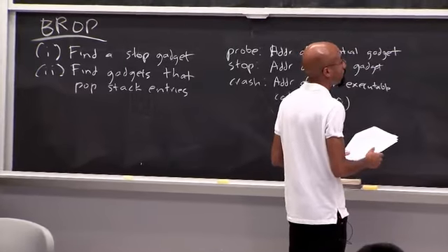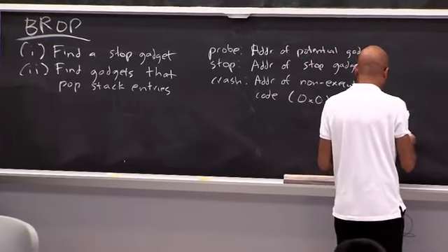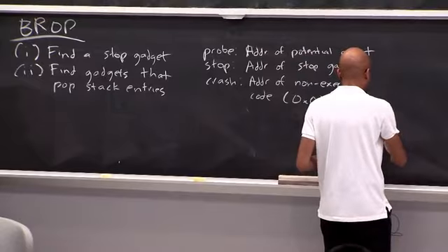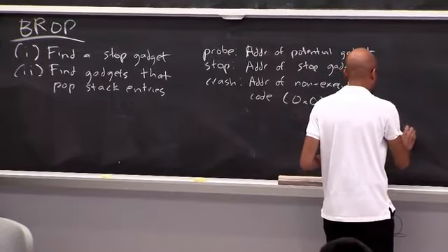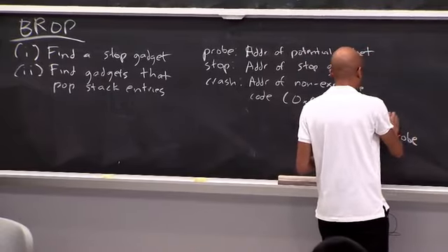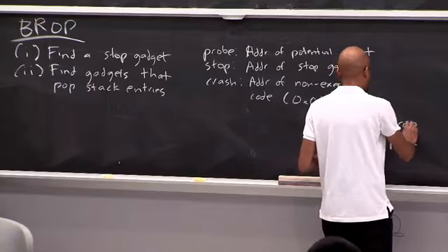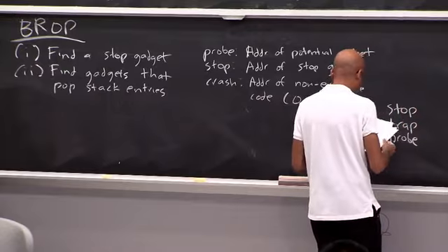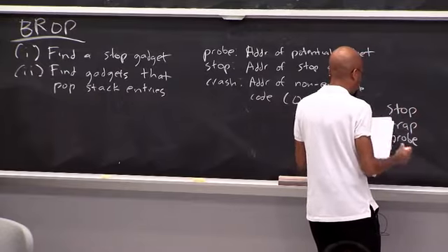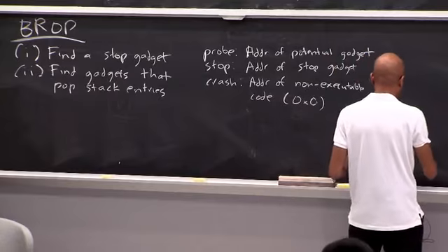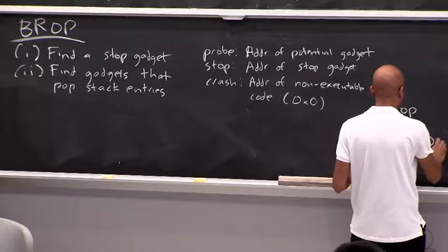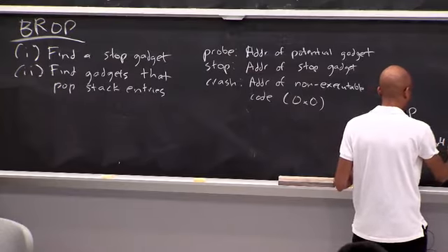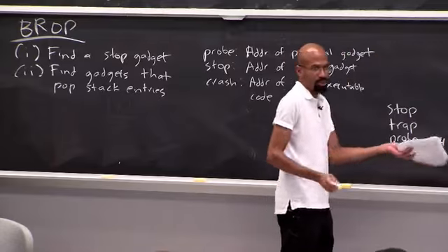So let's write this over here. Let's say we have these two different examples of a probe, a trap, and then a stop. Let's assume that down here, we're going to probe at some address. Doesn't really matter. Starts with a 4, ends in an 8.